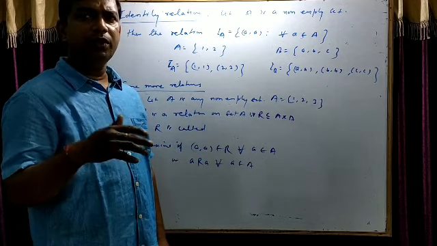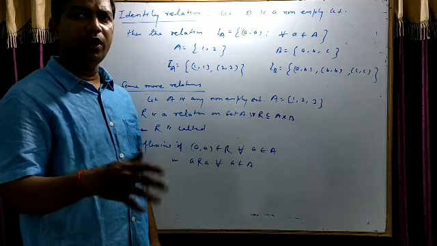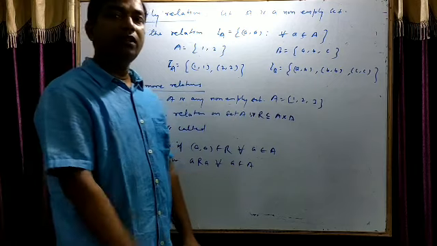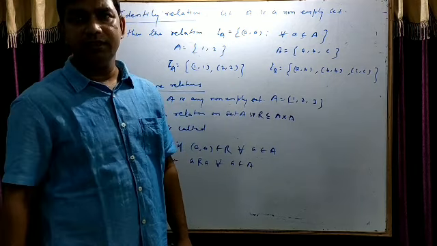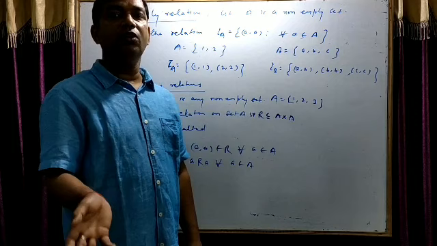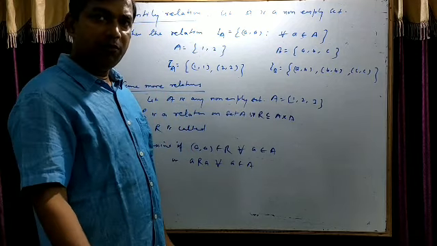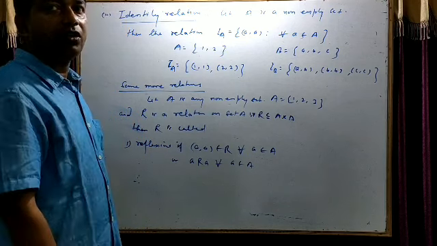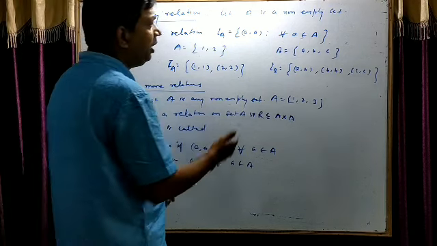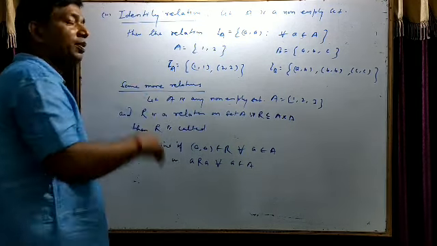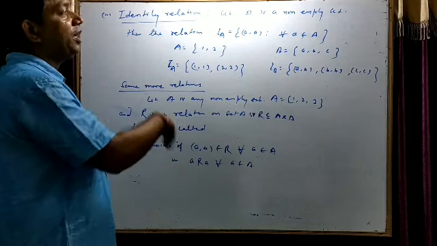So all squares may be rectangles, but all rectangles are not squares. Same thing, all identities are also reflexive, but all reflexives are not identity.